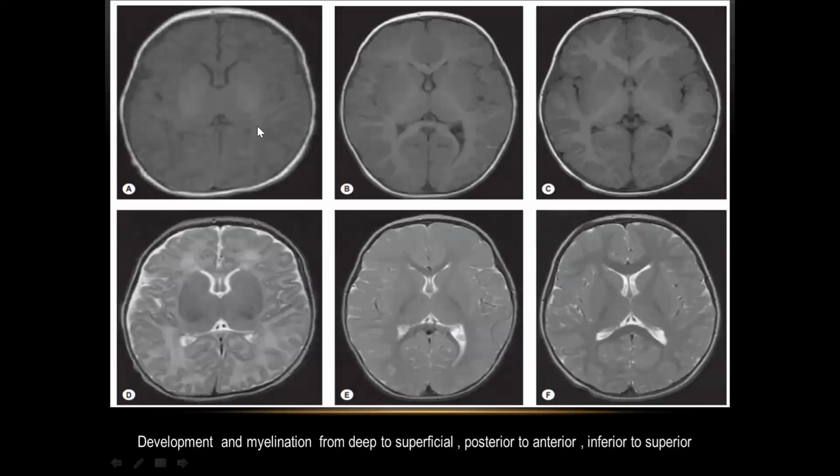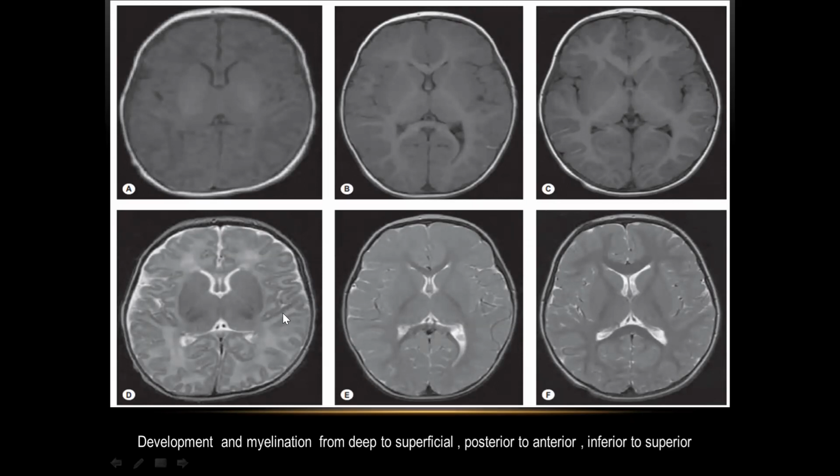Because in the neonate there is no complete myelination of the nerve fibers, the white matter appears similar to the gray matter, and we cannot differentiate between them clearly. This is a neonate. This is a 1 year old baby. You can see the white matter becomes clearly visible, and here is an older child showing complete development of the white matter.